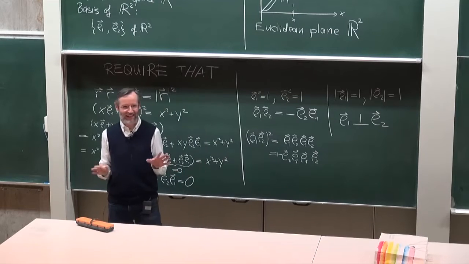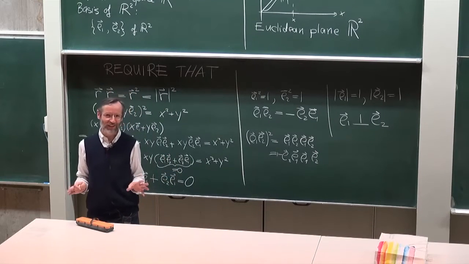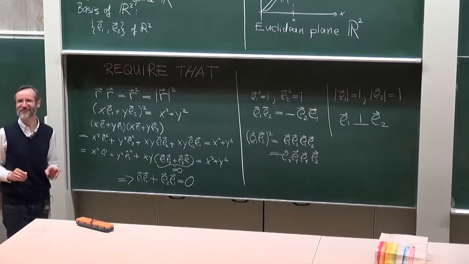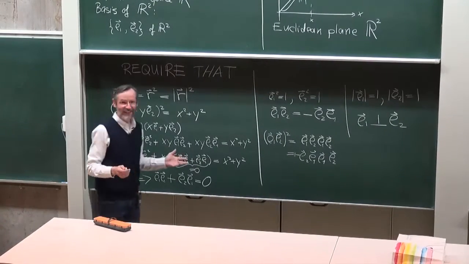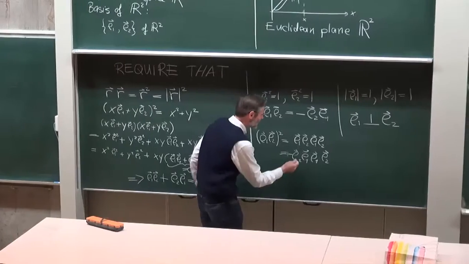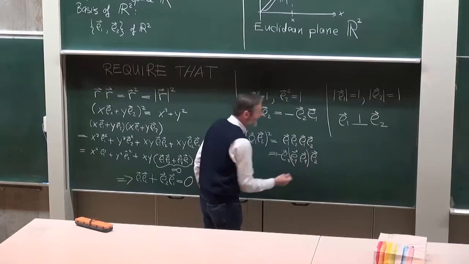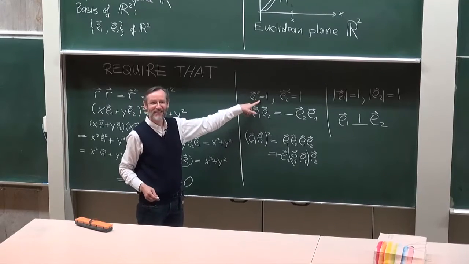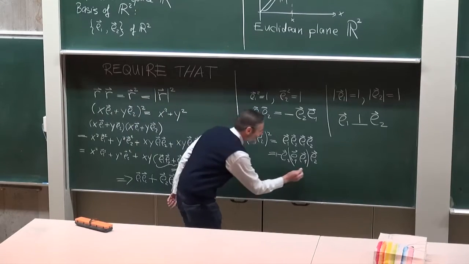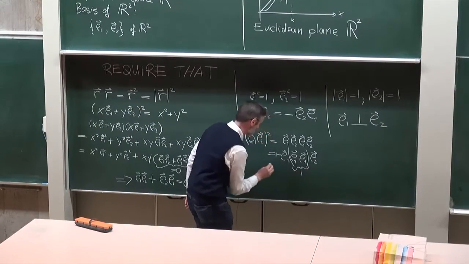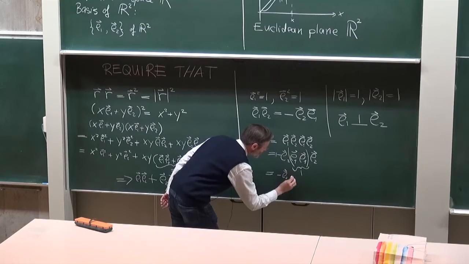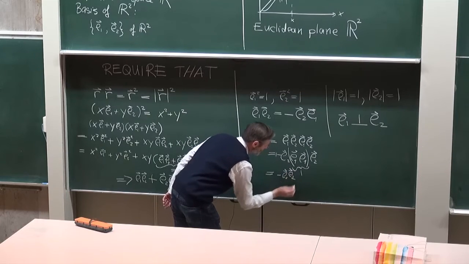Now, I can put brackets wherever I want because I request that the new product is associative. So I decide arbitrarily, let me put brackets here and compute that product first, which is 1. So this is minus E2 times E2.